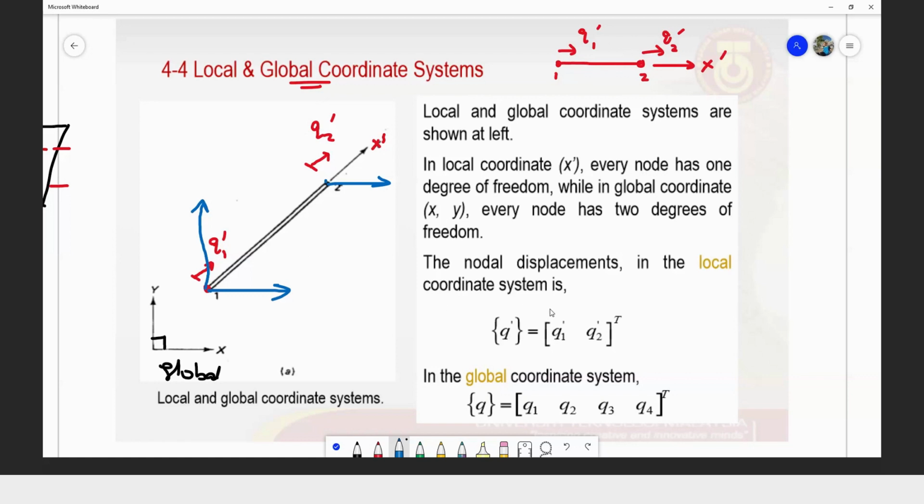Kita boleh panggilkan dia displacement ataupun degrees of freedom, biasanya kita panggil dia degrees of freedom juga. Darjah kebebasan kan, degrees of freedom.